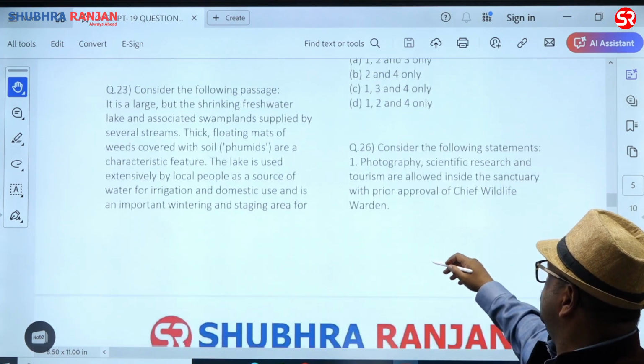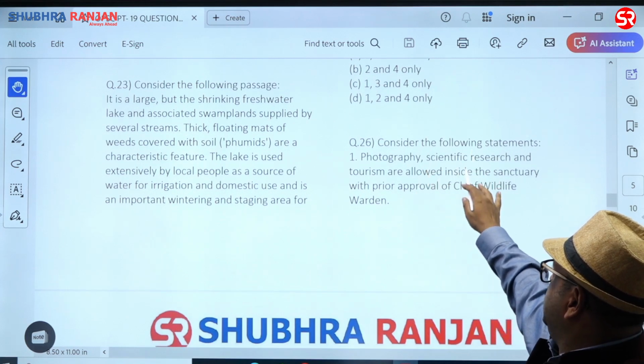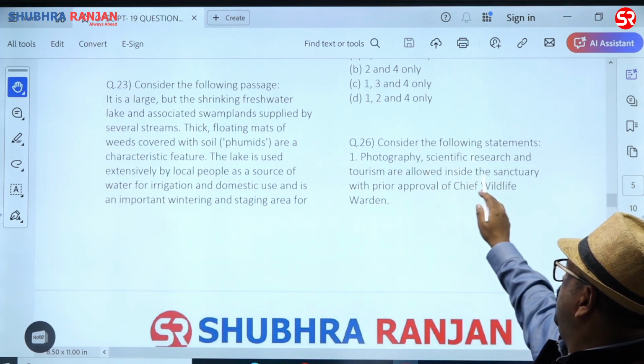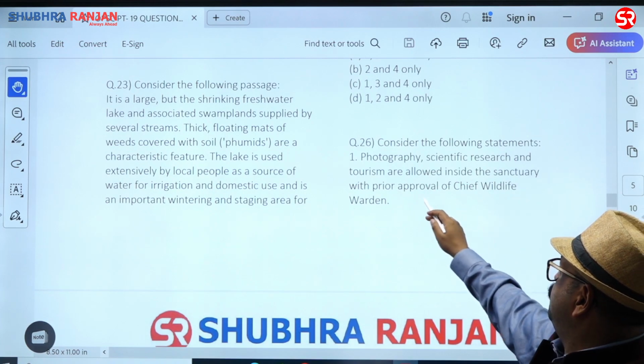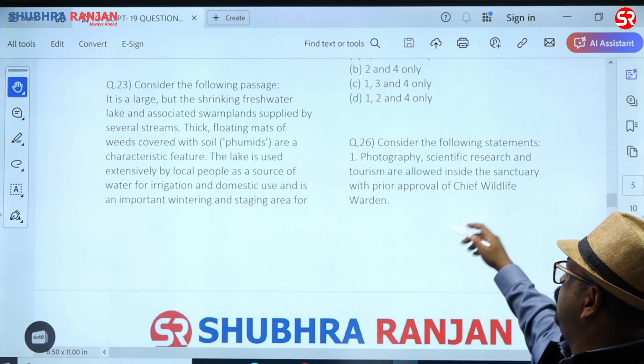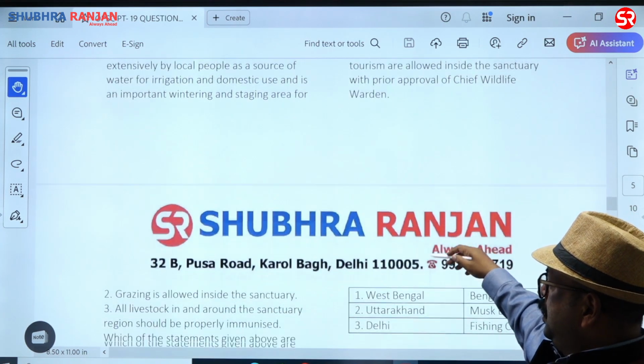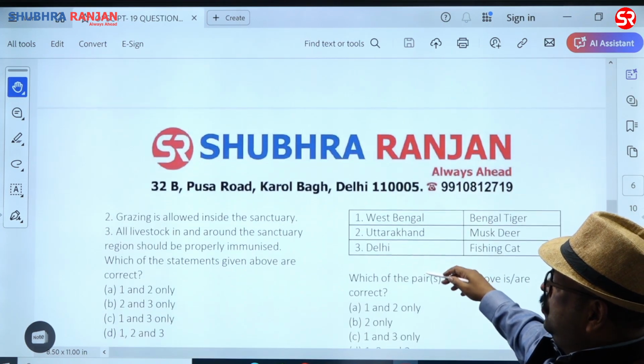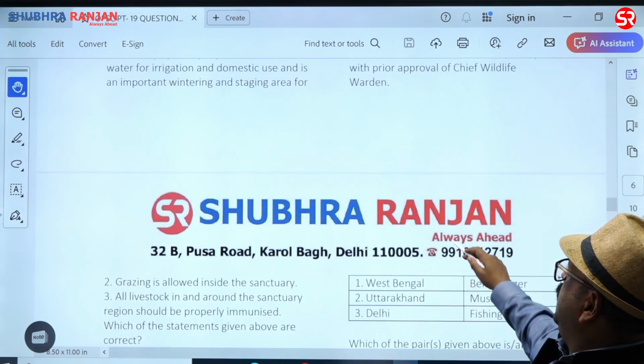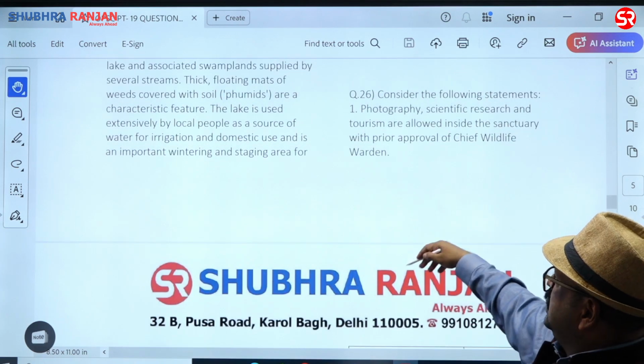Consider the following statements. Photography, scientific research and tourism are allowed inside the sanctuary with prior approval of the Chief Wildlife Warden. Grazing is allowed inside the sanctuary. पहला वाला तो सही है, परमिशन से कर सकते हैं आप.